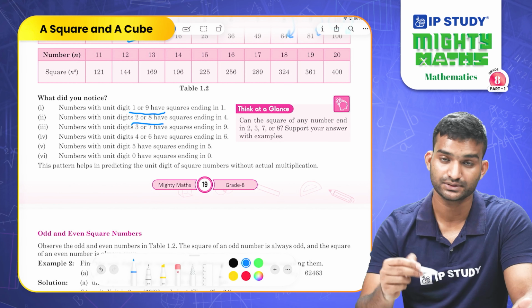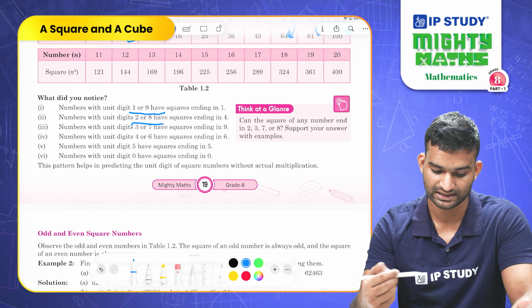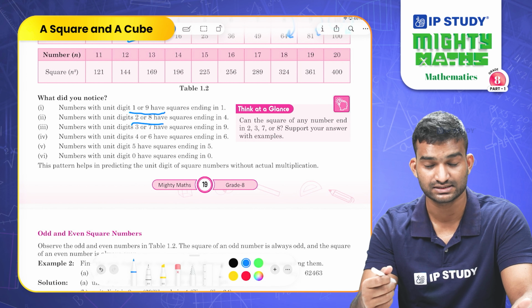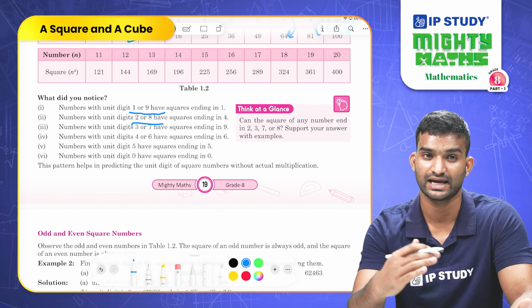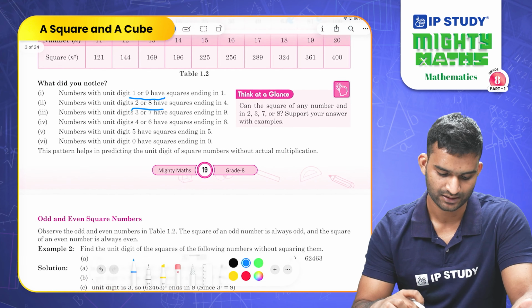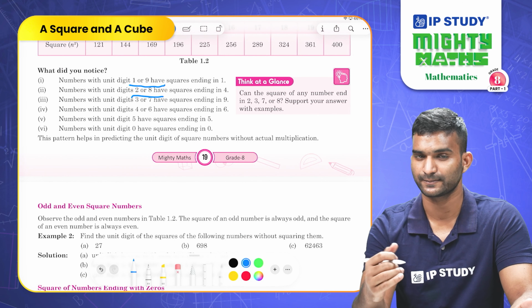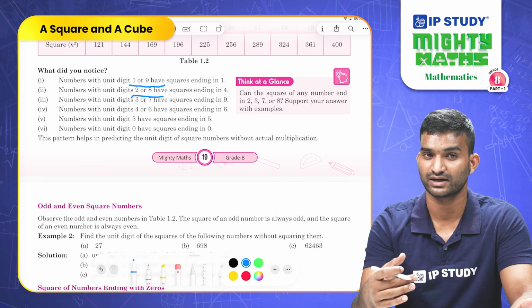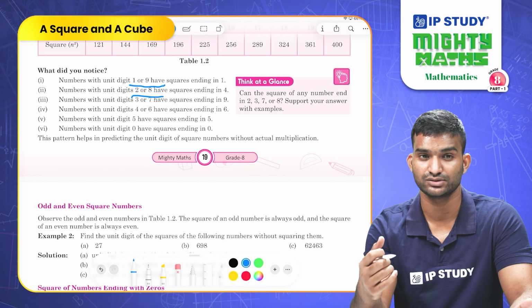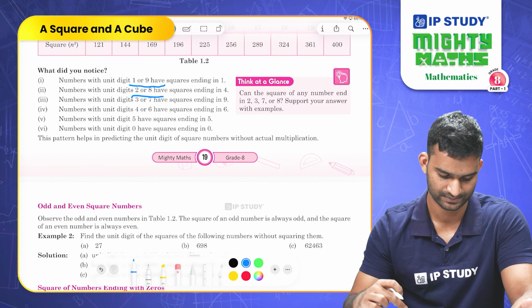Likewise, the numbers 2 and 8 have the same unit digit when we take a square. 3 and 7, 4 and 6 have the same unit digits whenever we take a square of any number that ends with the same digits. Now there are two cases when the unit digit carries the same value. When we take any number that ends with 5, the unit digit of the square value is always 5, and the same rule applies for 0 as well.